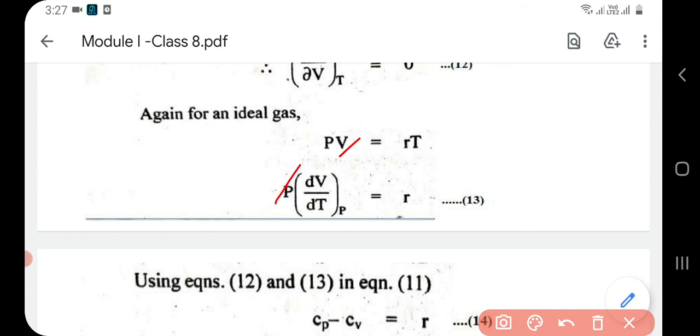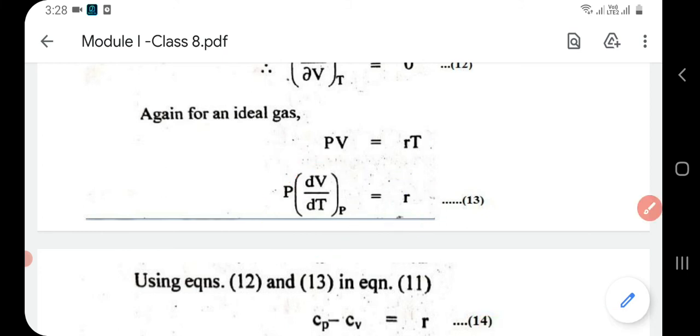Now the second function, you are differentiating with respect to temperature, so T will be 1, so you are left with P dV by dT at constant pressure is equal to R. Now you have to substitute this P dV by dT at constant pressure is equal to R.